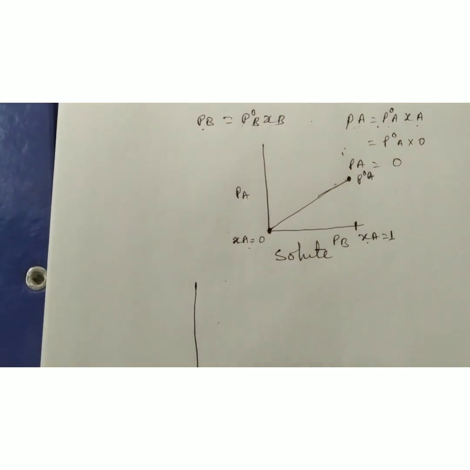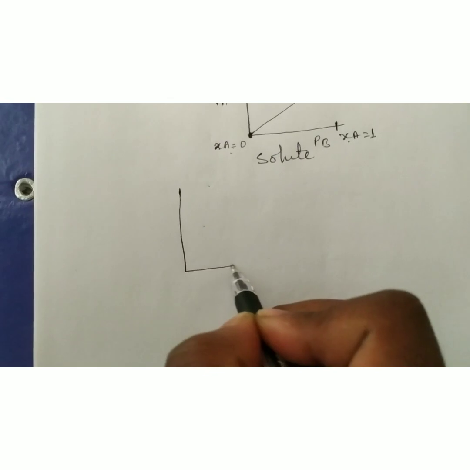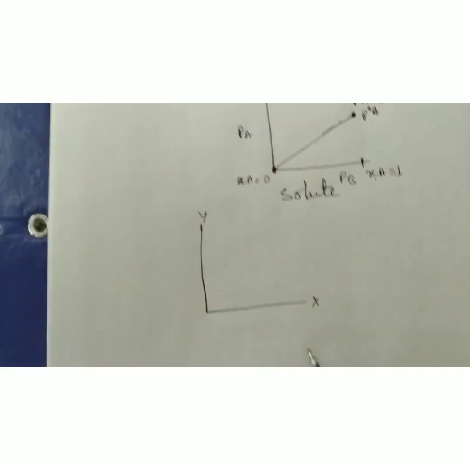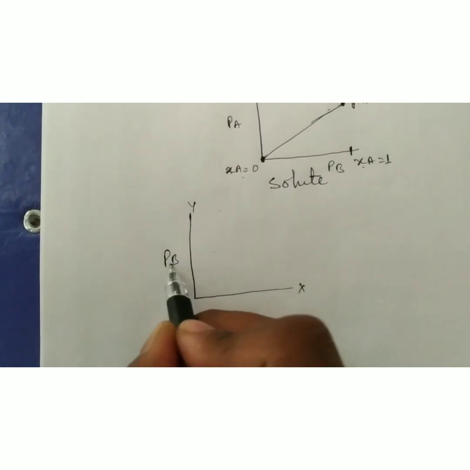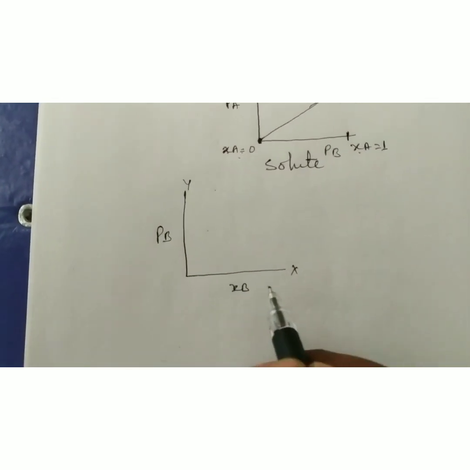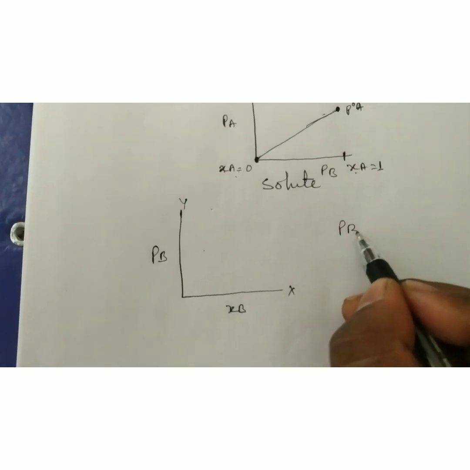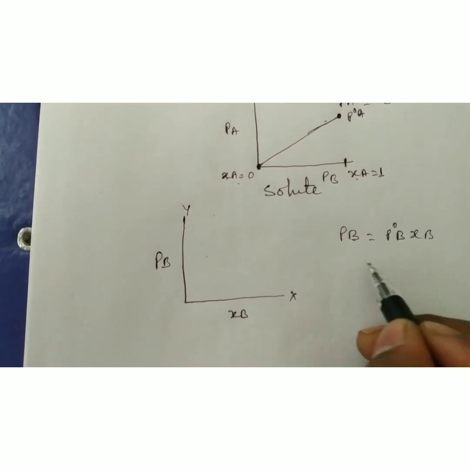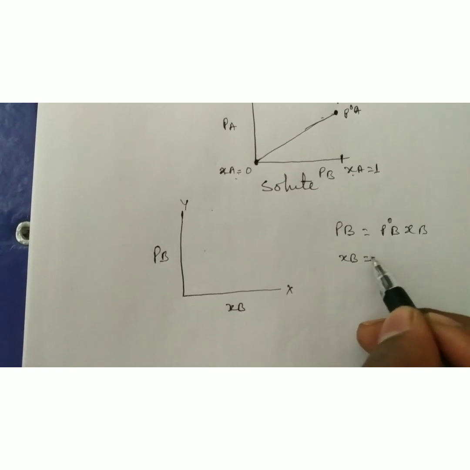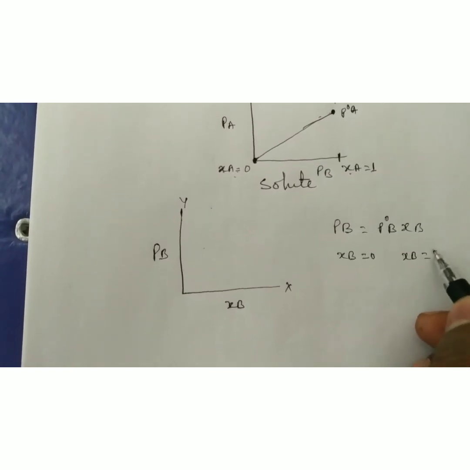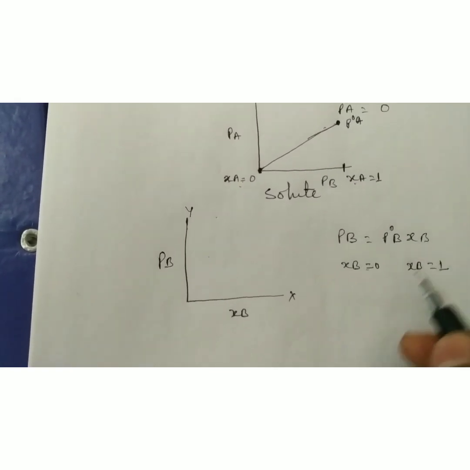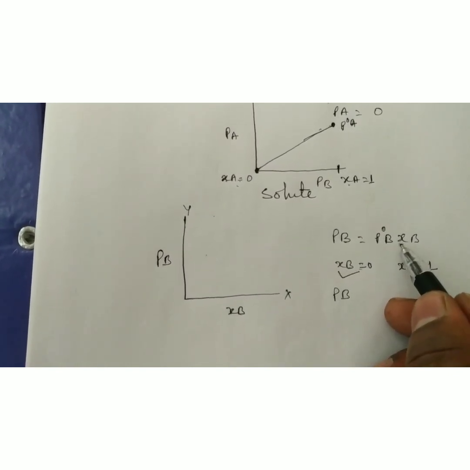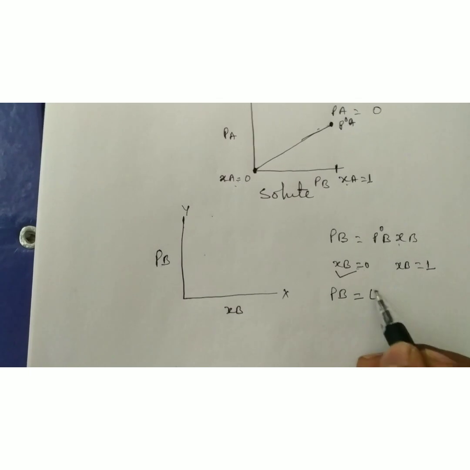This is the y axis, this is the x axis. So, this is PB, this is XB. We know PB is equal to P naught B XB, and take the value of XB from 0 to 1. By putting XB equals 0 in this equation, PB will turn into 0.